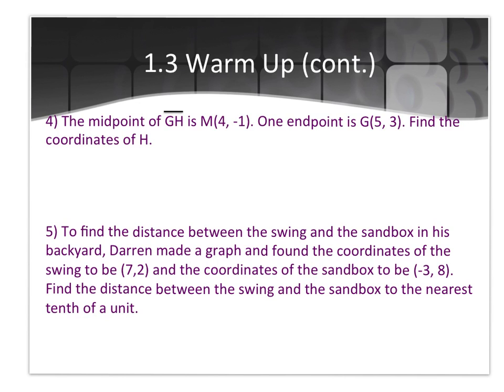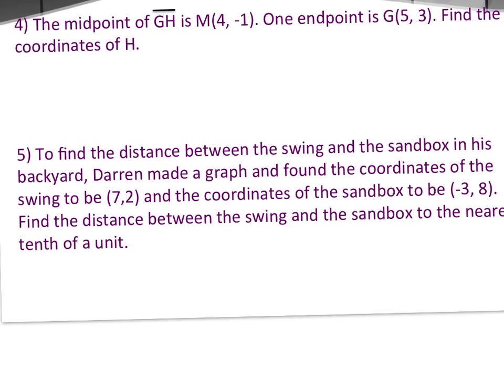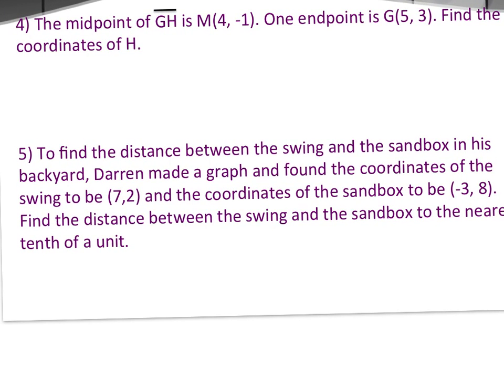Number 4 says the midpoint of GH is M (4, -2). One endpoint is G (5, 3). Find the coordinates of H. This is the one we struggled with a bit on Friday. Let's make sure we get this right. If I wanted a visual again, let's say M is (4, -1), that's my midpoint, and G is (5, 3).